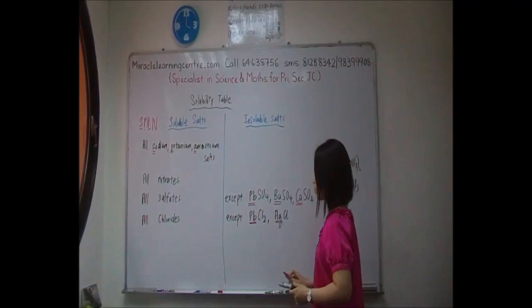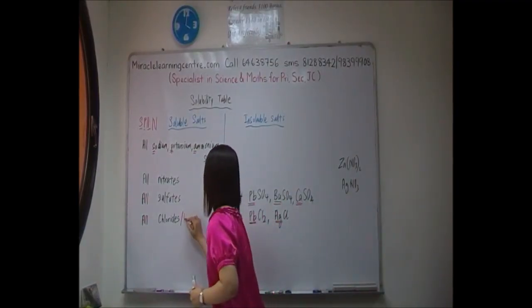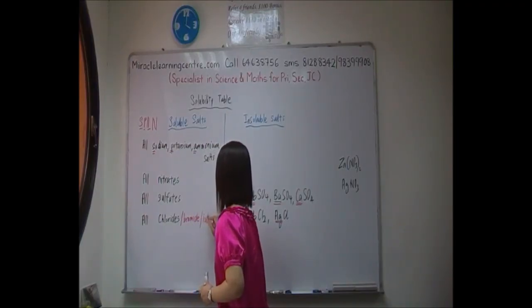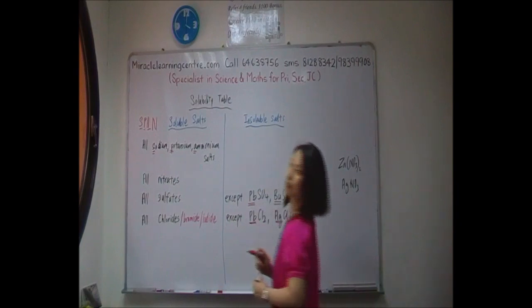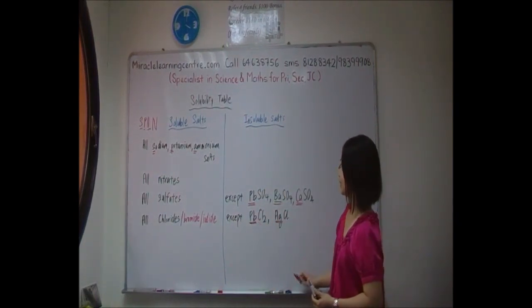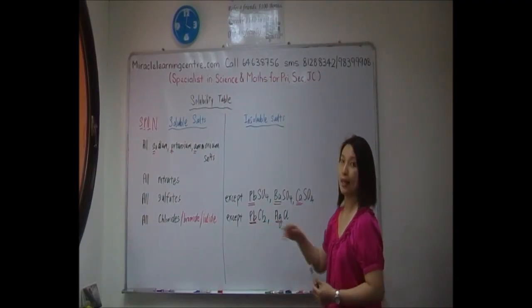Not just for chlorides, it follows for all the group 7 halogens as well. Bromides and iodides are all soluble except for lead bromide and lead iodide. The same as silver chloride and lead chloride.